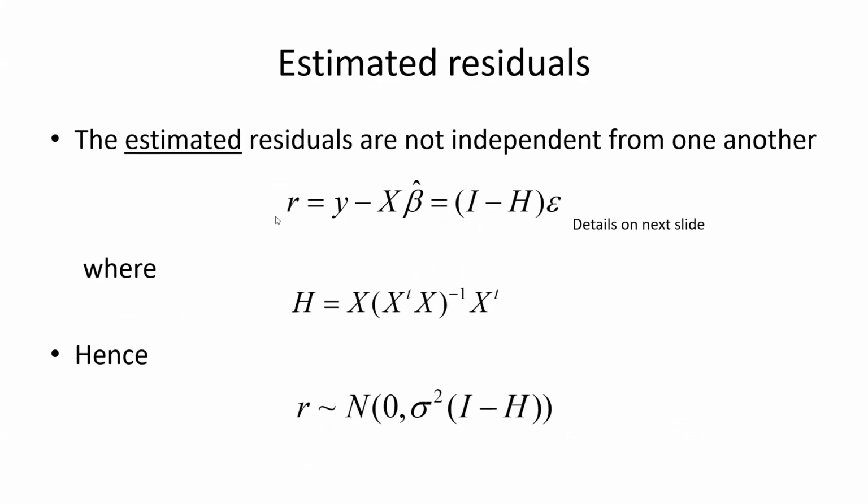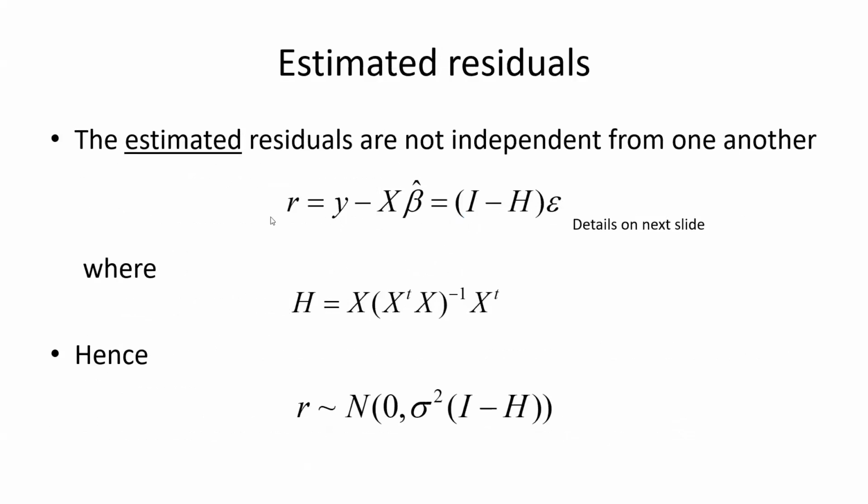Now, for the estimated residuals, so y minus the estimated y, we get this term, details on the next slide. I is the identity matrix, and this minus H represents the departure from independence. H is the hat matrix. We had briefly seen it before.